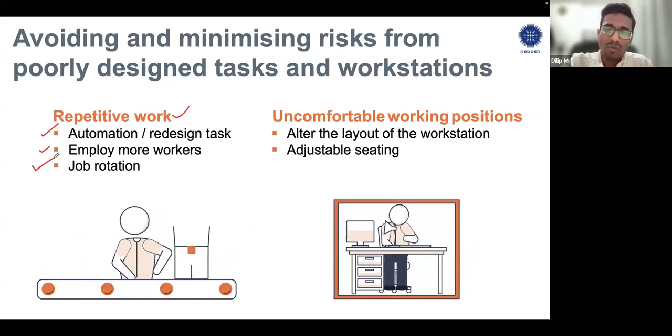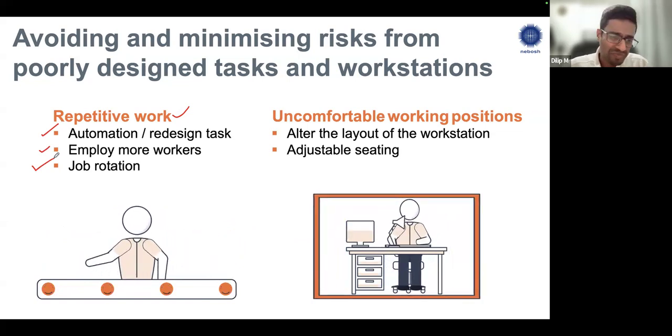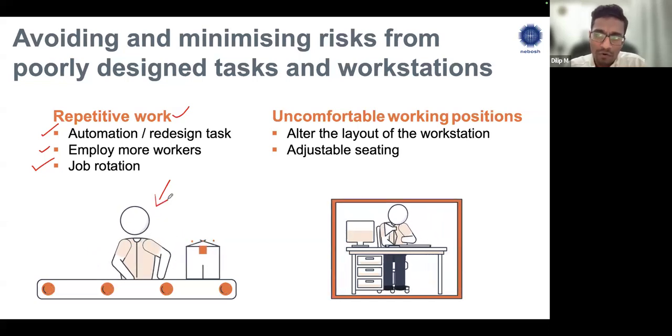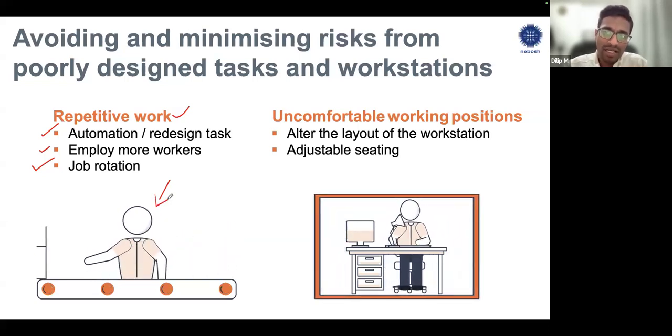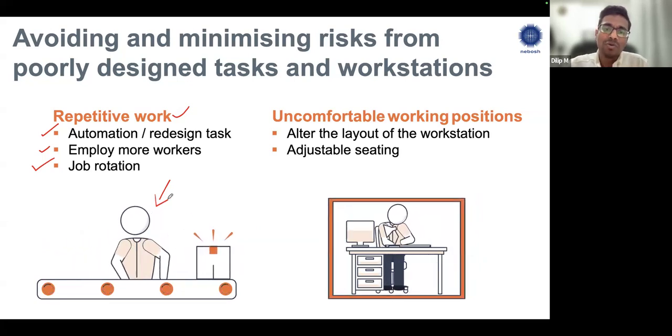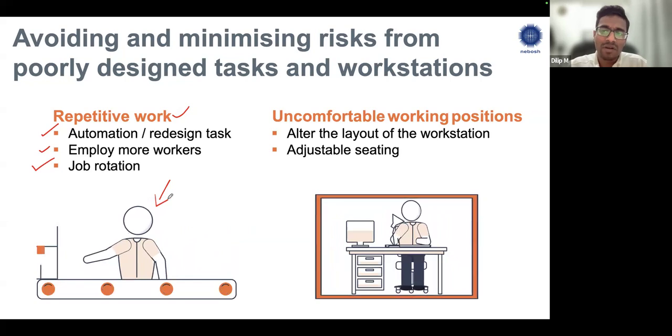So if one worker is assembling components for a 4 hour shift, it can be rotated among 2 or 4 workers. That will significantly reduce their repetition.